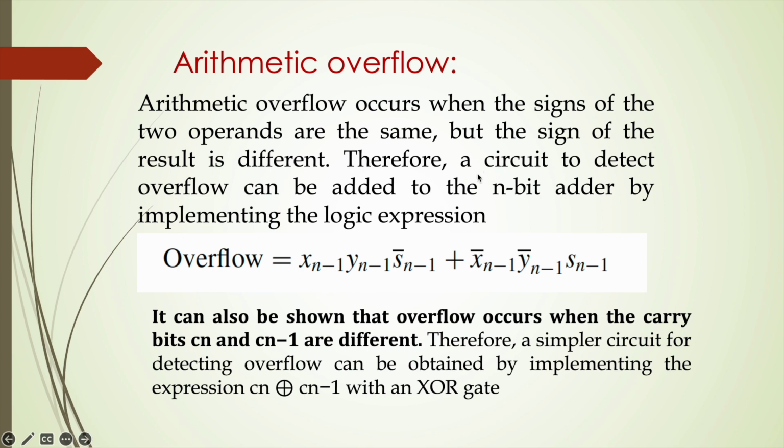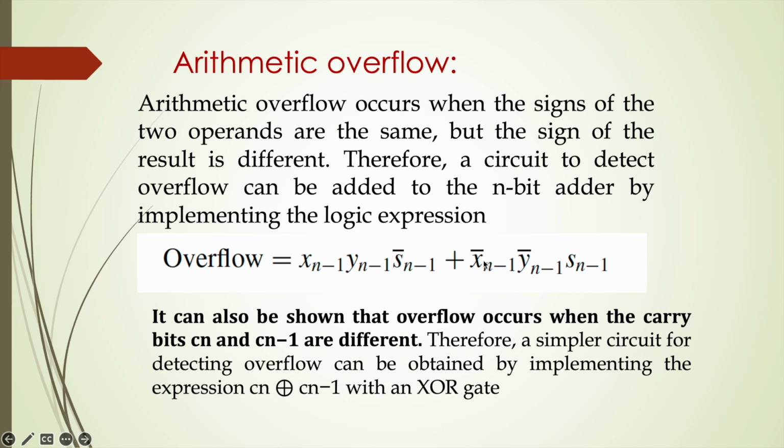Overflow can be calculated through this formula: X value at n minus 1 position, Y value at n minus 1 position, and S bar value at n minus 1 position. If X and Y have the same sign and the sum sign is different, then you can treat that as an overflow.